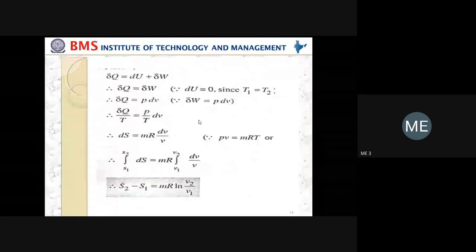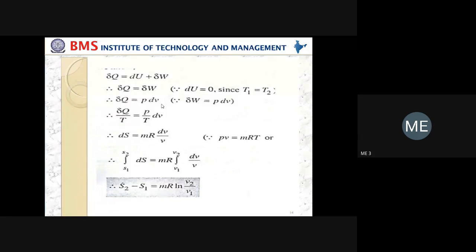These two things you should keep in mind. dU is always mCv dT, and dT is 0 in the case of isothermal. So directly you take dQ equals dW. Now dW is nothing but P dV, the displacement work. So dQ equals P into dV.